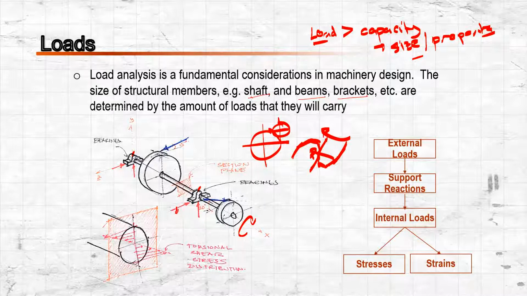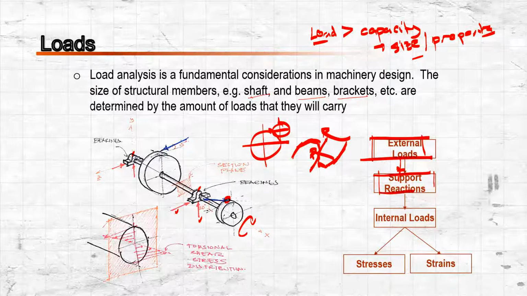This one is a support reaction, and right here is also a support reaction. Also this driven gear, since it is meshed with the other gear, there's going to be a reaction from the other gear.